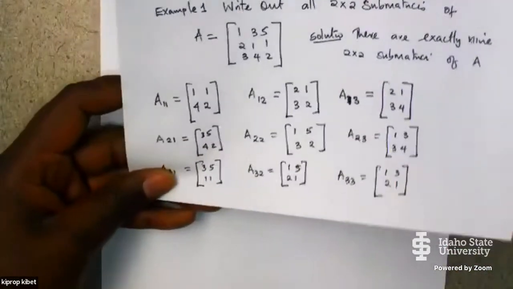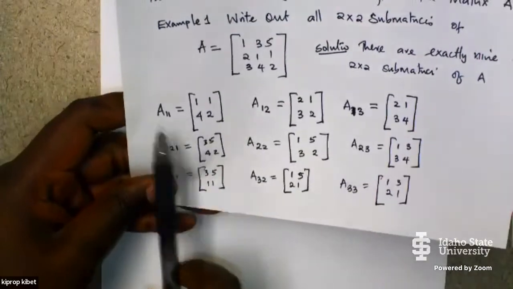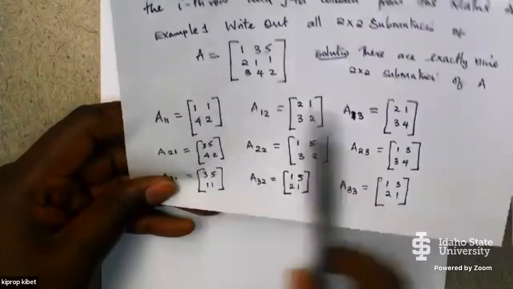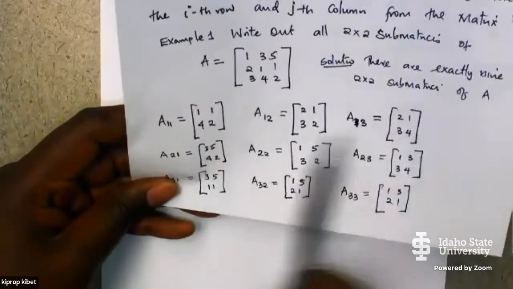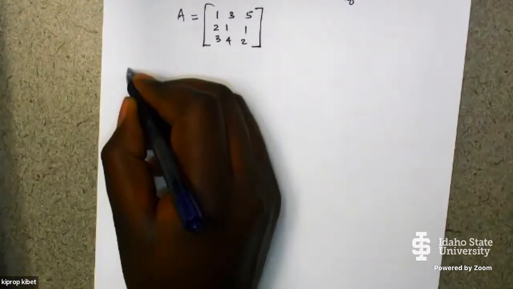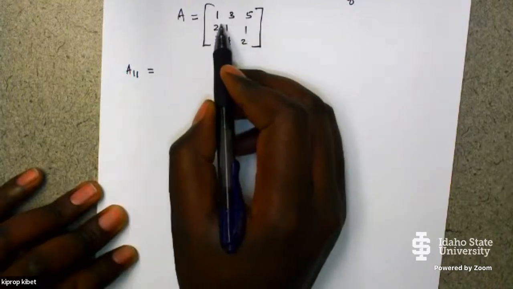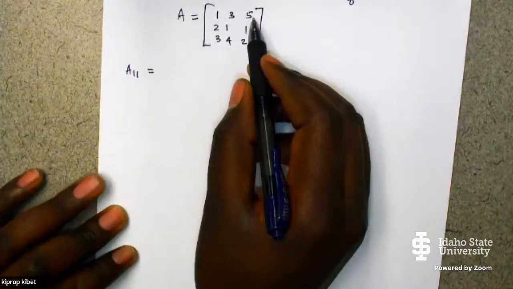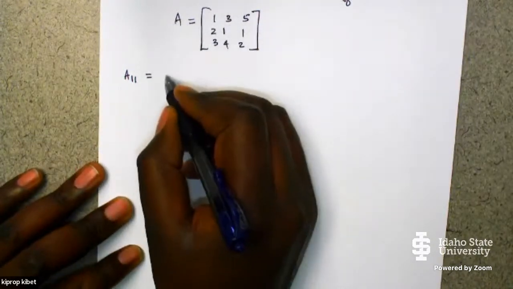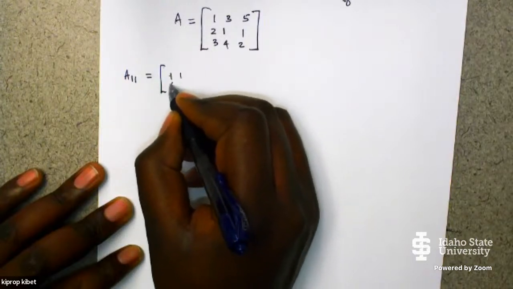You can either use the second, I will show you how to use the second, but let's use the first one here. So we already have the sub-matrices. A11 is equal to deleting the first row and the first column, which is 1, 1, 4, 2.